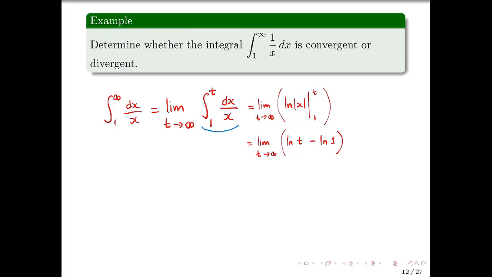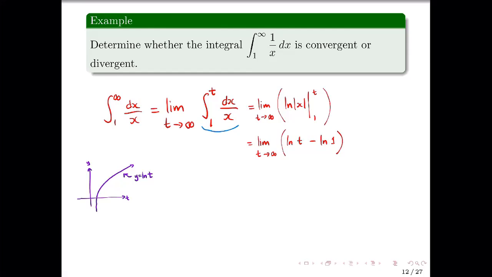Do you remember the graph of ln of t? This is your t axis, this is your y axis, and the graph of y equals ln of t looks something like this. But as t approaches plus infinity, what happens to the value of ln of t? It just increases without bound.